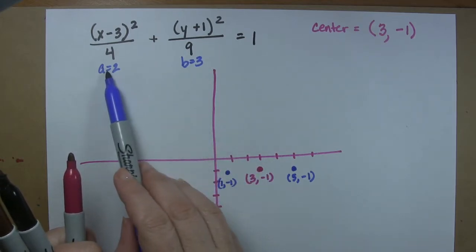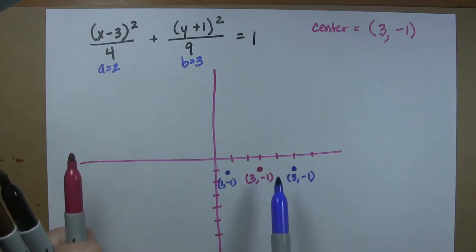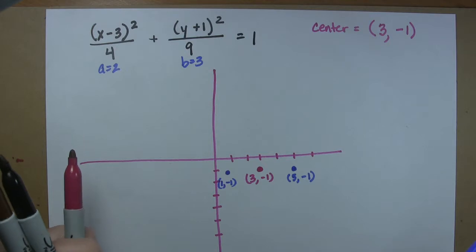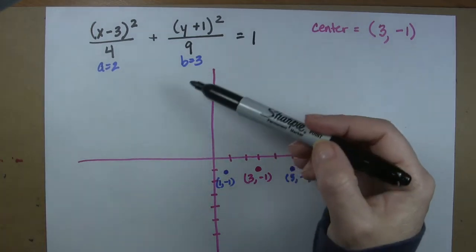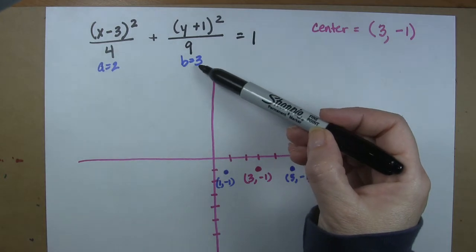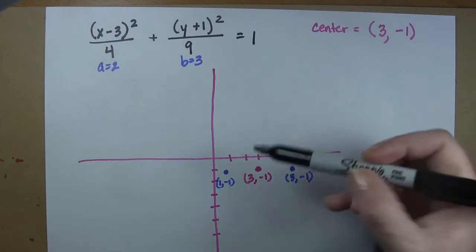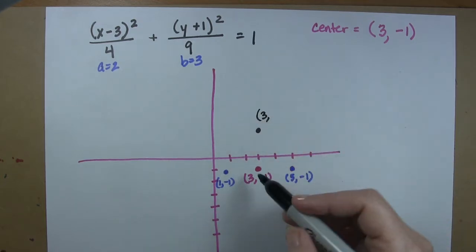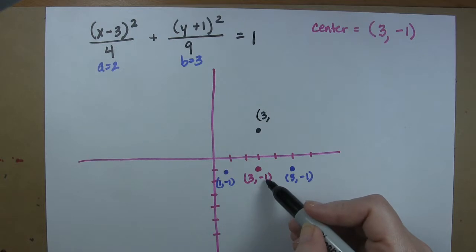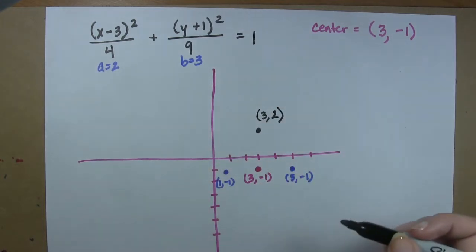So I cannot just look at A equals 2 and think that my points are going to be on point 2. In fact, none of these are on point 2. All right, and then I can also calculate my B change by counting 3 up. My x value stays the same at 3. My y value goes up 3. So that's going to be at positive 2, right?